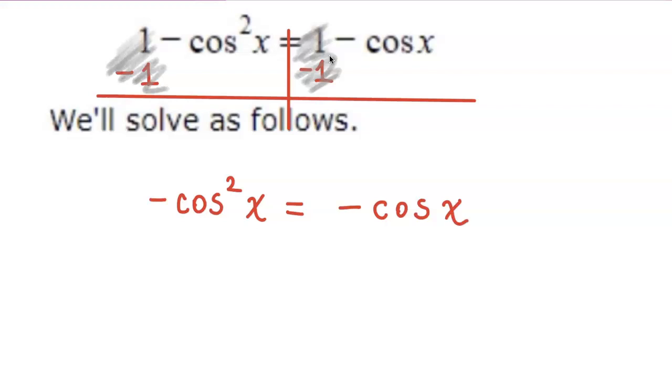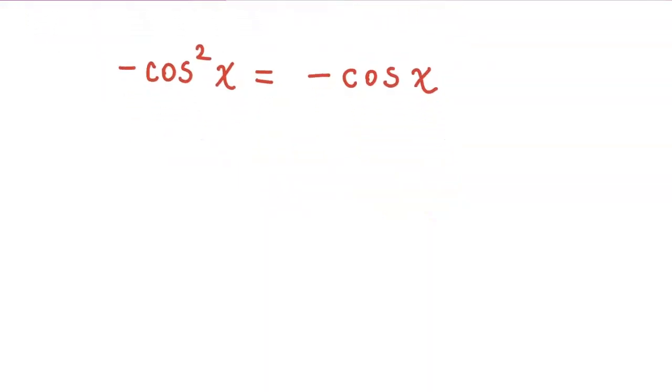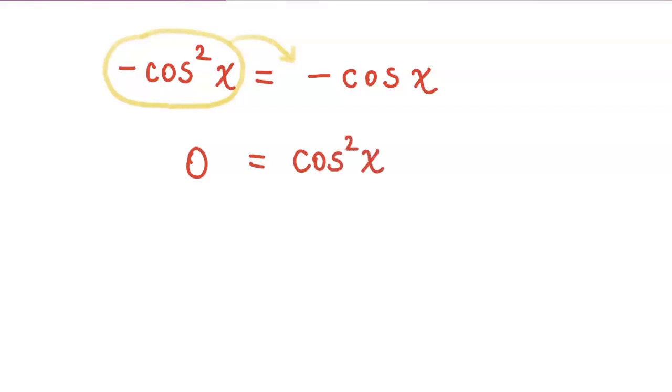All right, let's continue. I am going to move this negative cosine squared x to the right hand side, and we'll have this equation. We're going to get 0 equals now positive cosine squared x, because we moved it by adding it to both sides, and then this, copy this down. Now, what do they have in common? They both have cosine x, right?